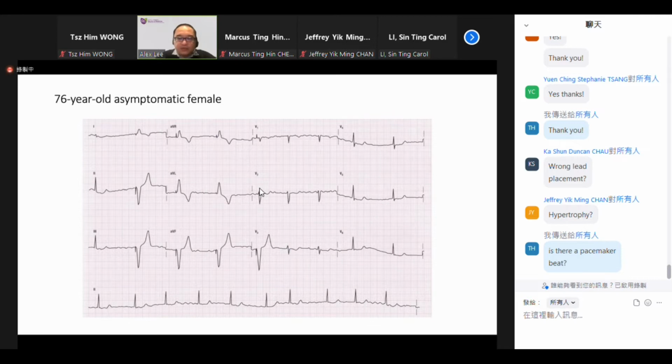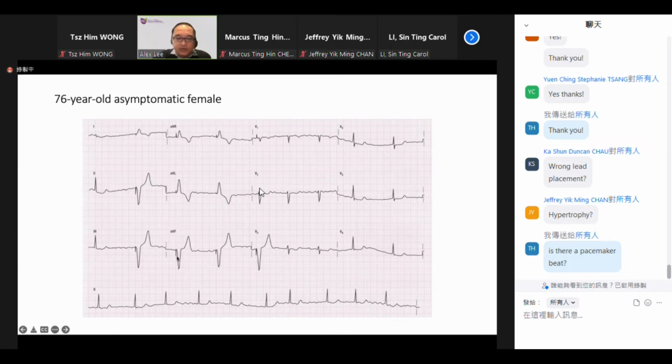Did I make myself clear? Okay, yes. So if you see another pacemaker spike here on top of the normal QRS complex, then the pacemaker is not sensing normally. It's called undersensing. And usually the threshold is 60 beats per minute, but you can also judge from the pacemaker's own spike rate.